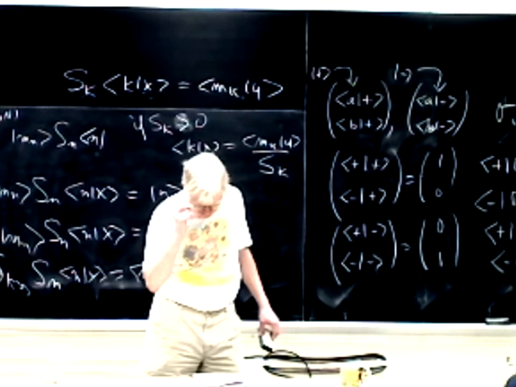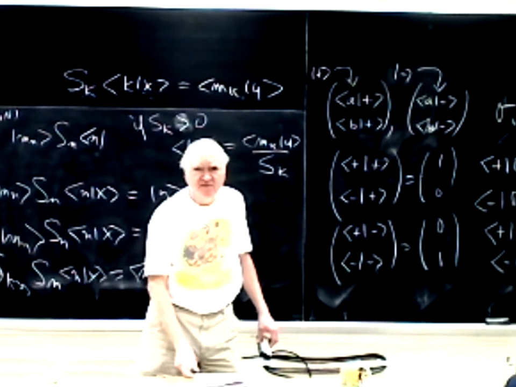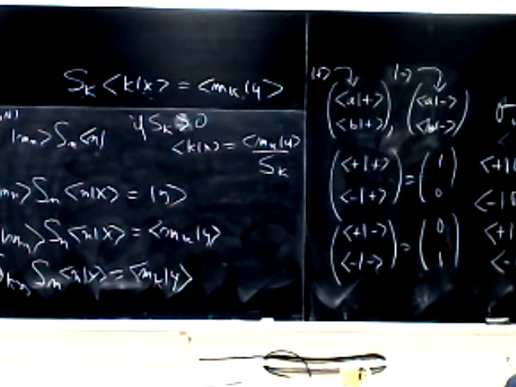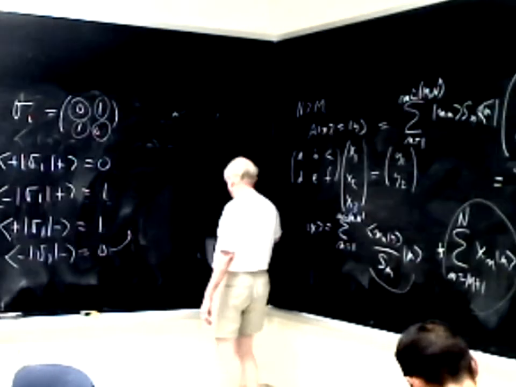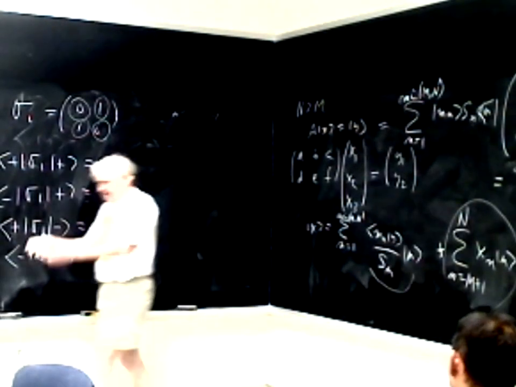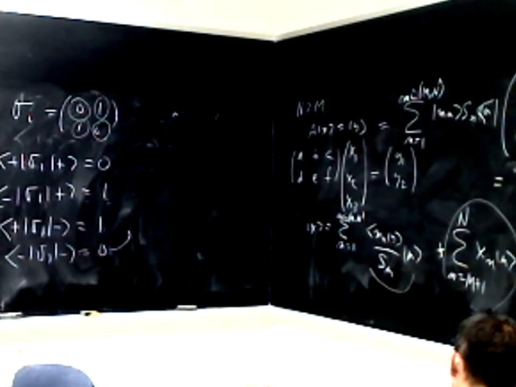All right, let me say something now about density matrices. If you have a pure state, which is to say that you've prepared a set of identical systems, or to put it differently, you know that whatever's coming in this beam, you know everything about the state.